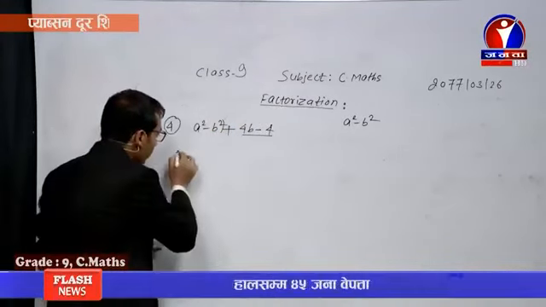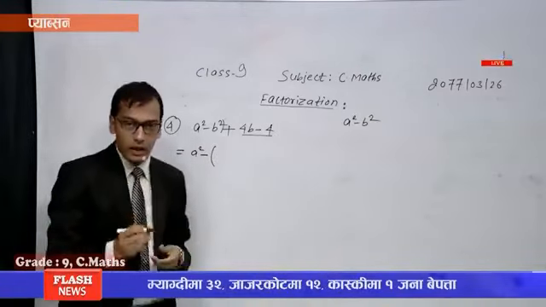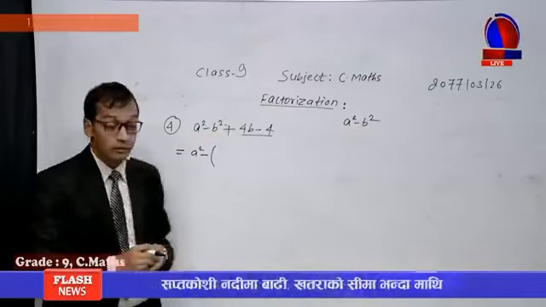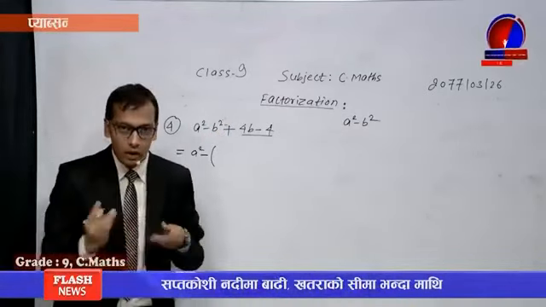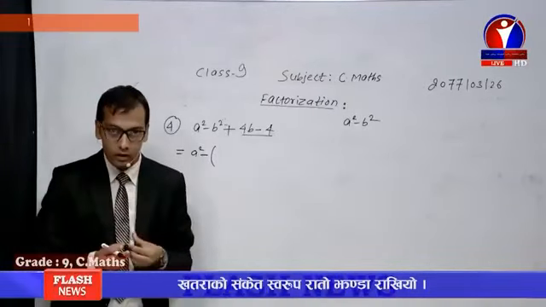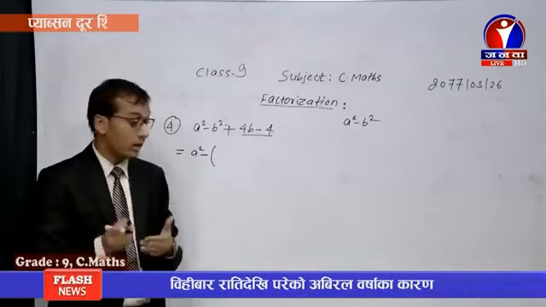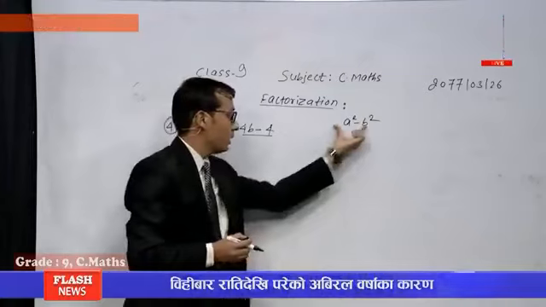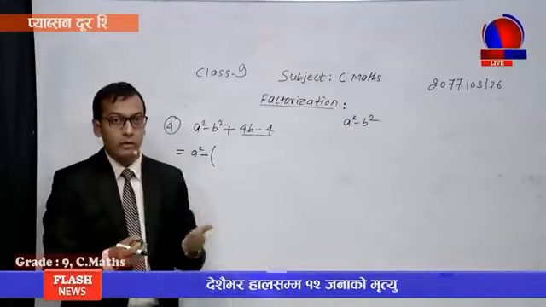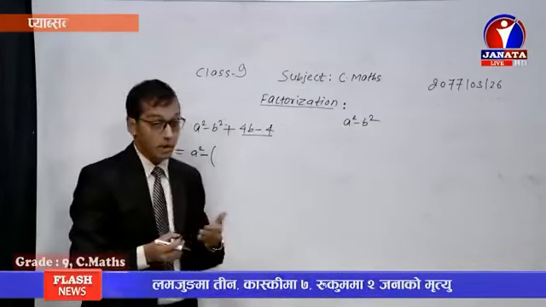If we take the negative sign common from the second term, then we can convert the terms of the bracket into a perfect square, and then again convert into a square minus b square form, because we are discussing the factorization of the form a square minus b square.